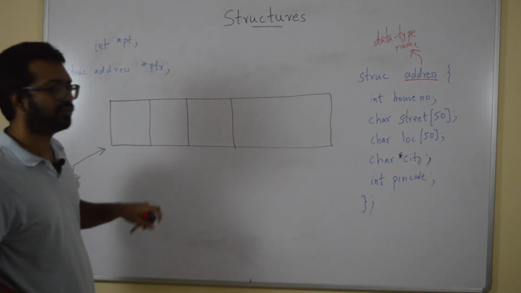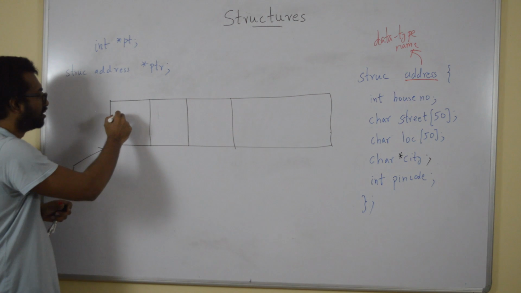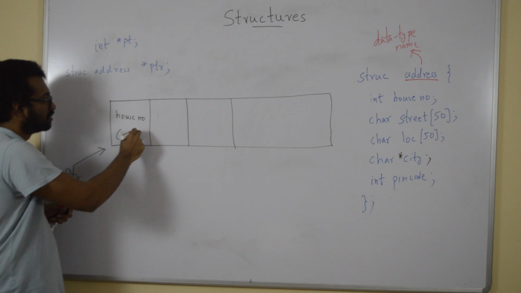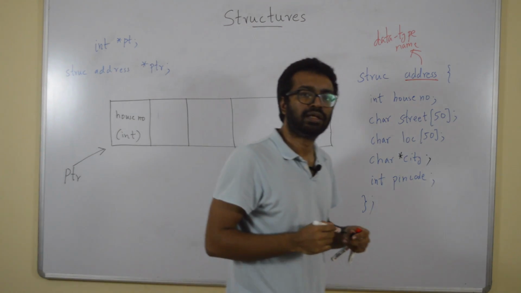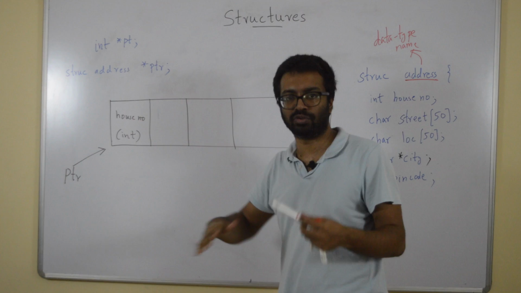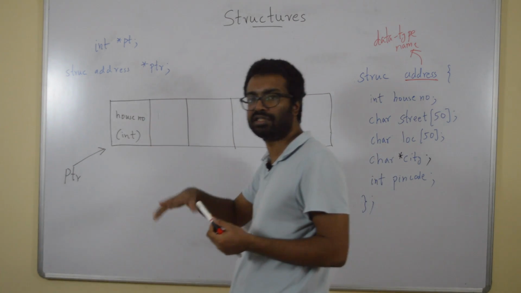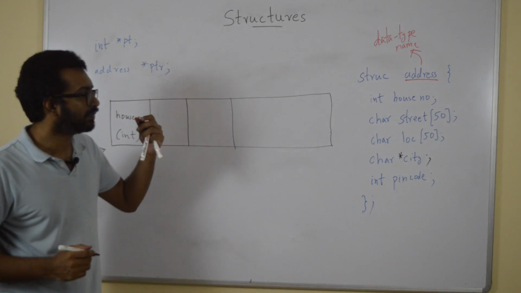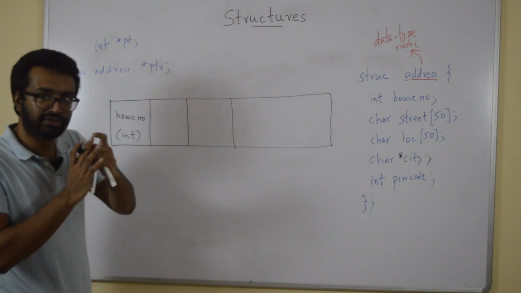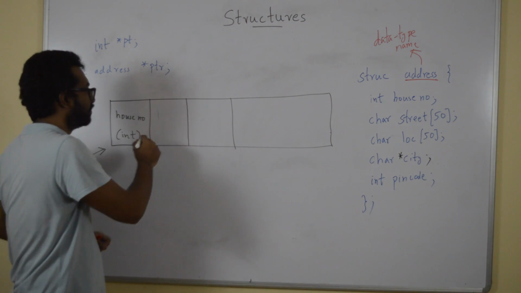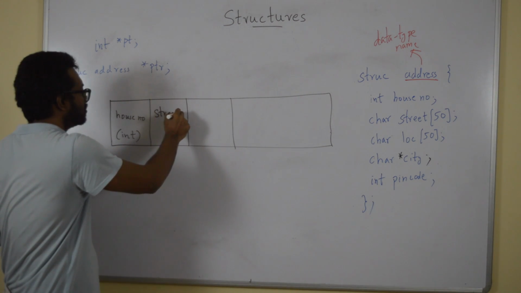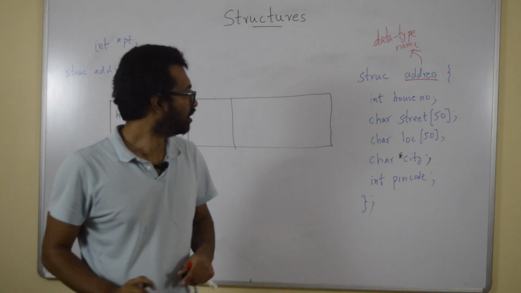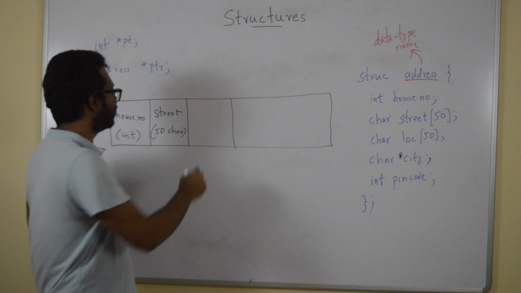In the first part, it's going to start with an integer, which is basically my house number, right? So initially the first 2 or 4 bytes, depending on the machine, will be the integer for the house number. The rest will be 50 characters for the street, and the next is 50 characters for the location.